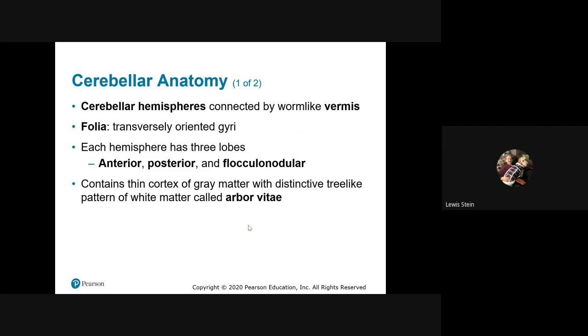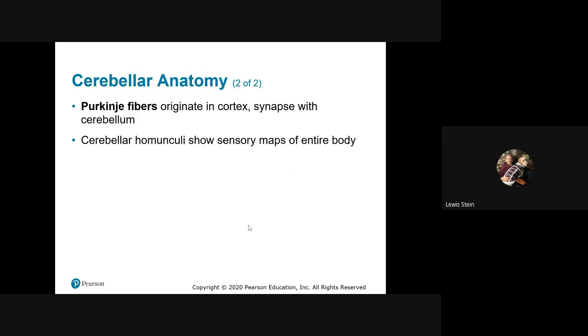So these are the second largest area, about 10% of your brain. And again, the fibers are oriented transversely rather than up and down or longitudinally. And what's most interesting is it has more synapses, more connections almost than anywhere else in the brain. So there's a tremendous amount of information processing, the memory that we have, all those things that you and I do without thinking.